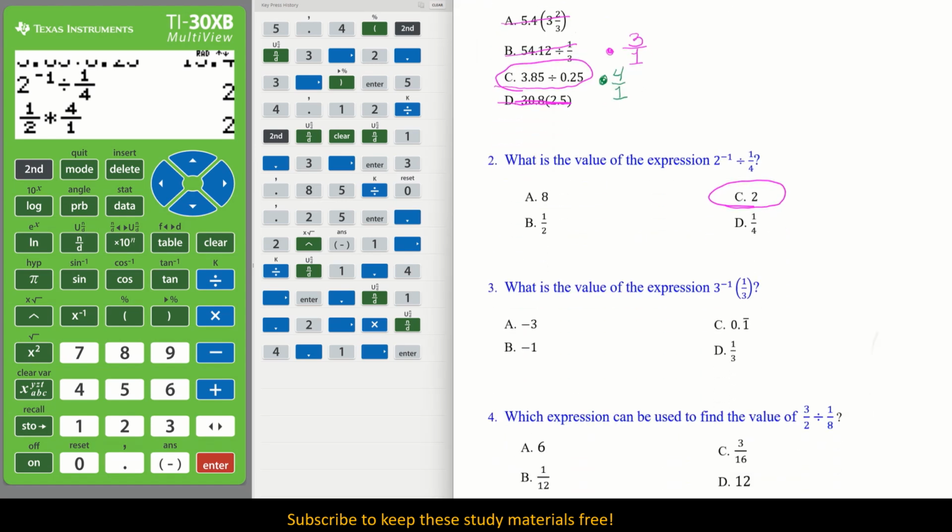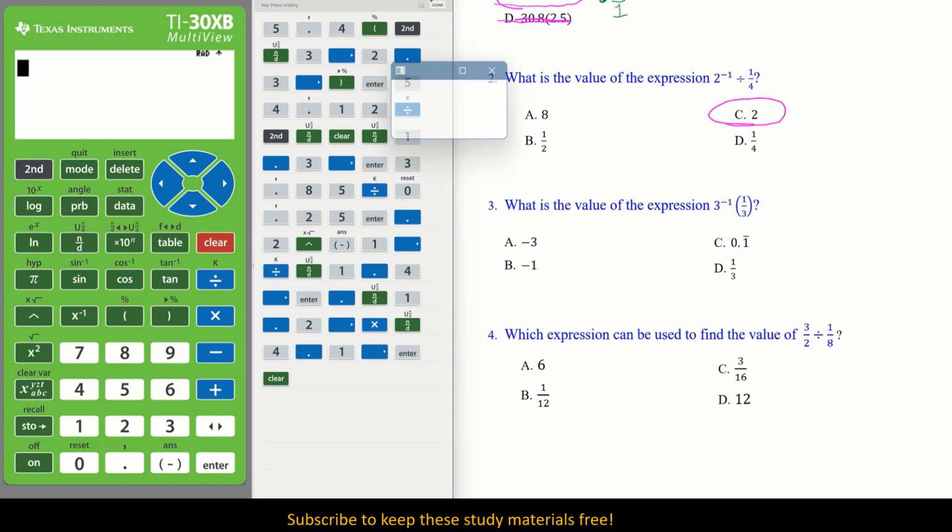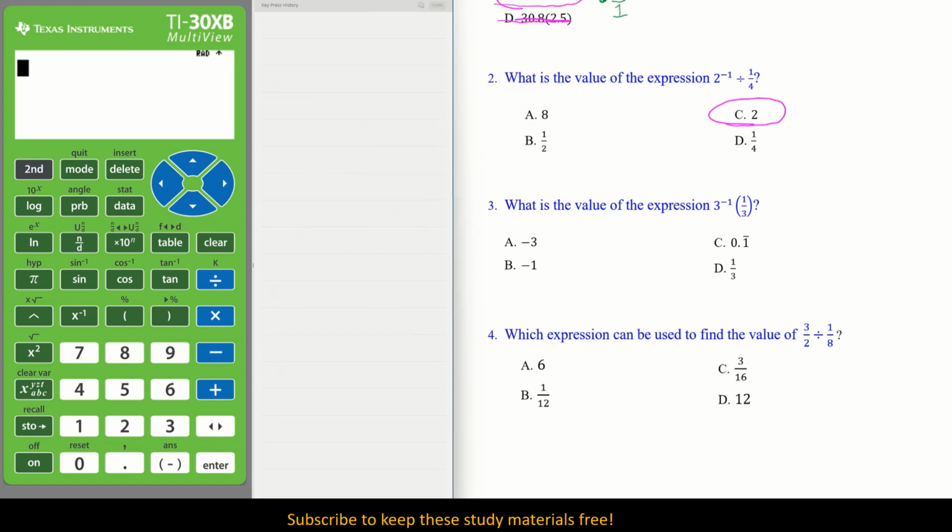Okay, let's go to number 3. Oops, that has an answer in there, so we actually need to double check. Okay, number 3. What is the value of the expression 3 to the negative 1 times 1/3? Okay, so what do we need to do? I'm going to clear out my screen and clear out my numbers so you can see what I'm doing.